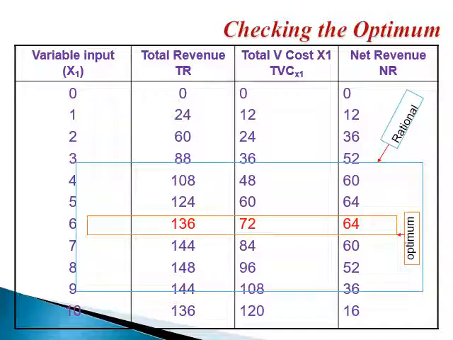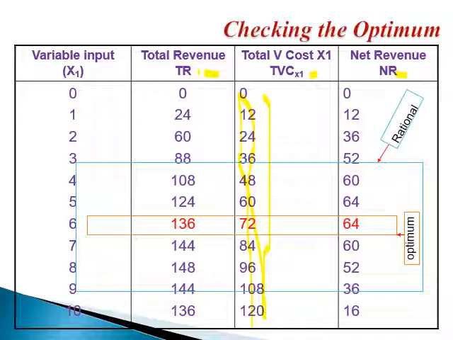And he made a calculation of the total variable cost in this column, multiplying P of X1 by X1. The numbers here are in money, in pounds. So this is the calculation of total variable cost.